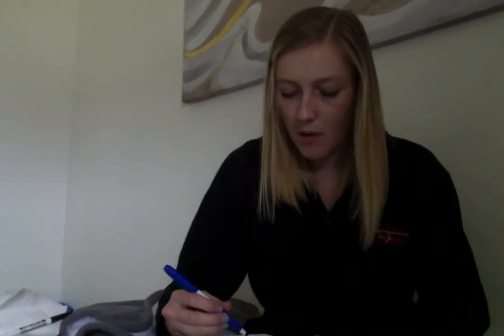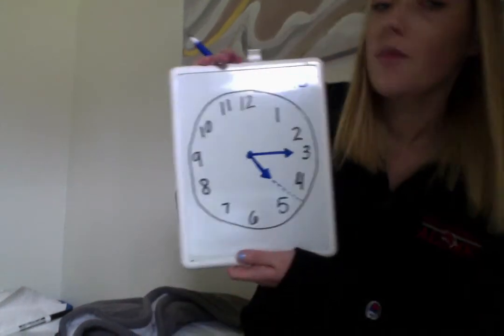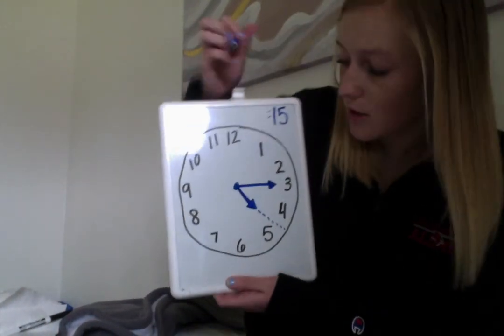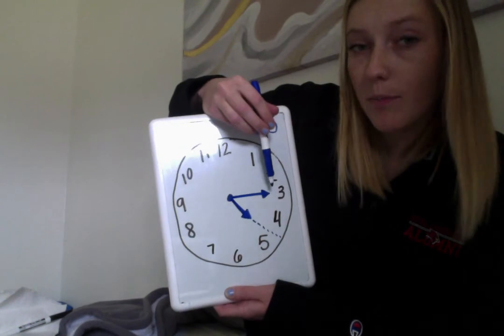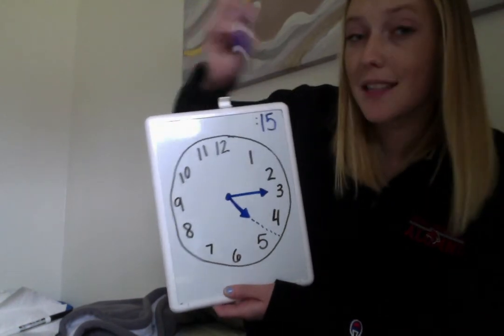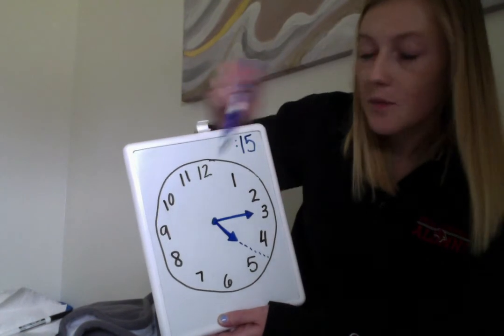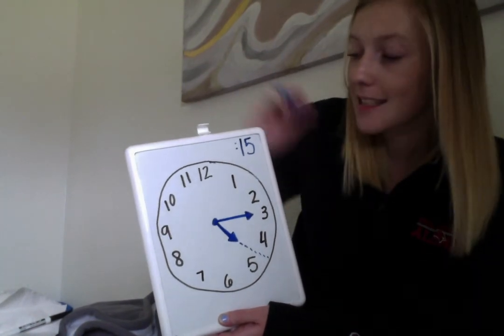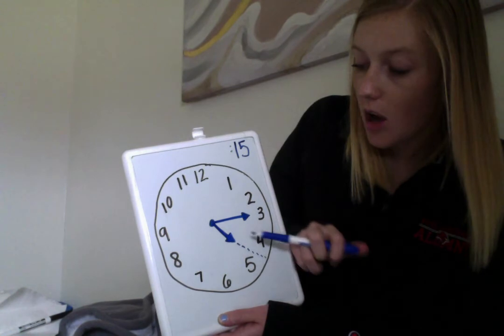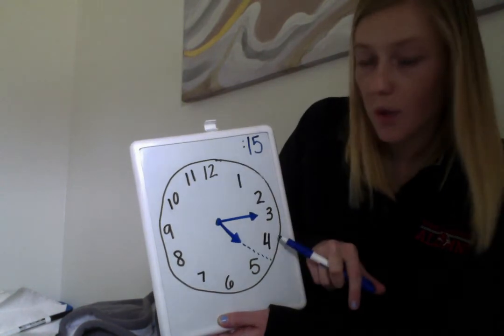So this is the time that you see on that first clock. We have our minute hand, our long hand, pointing to the 3, which means it is a quarter past, or 15 minutes past the hour. So what 2 numbers are we in between? 4 and 5.